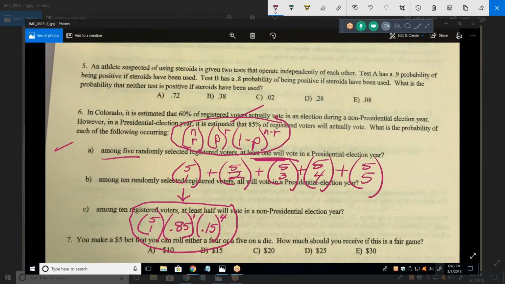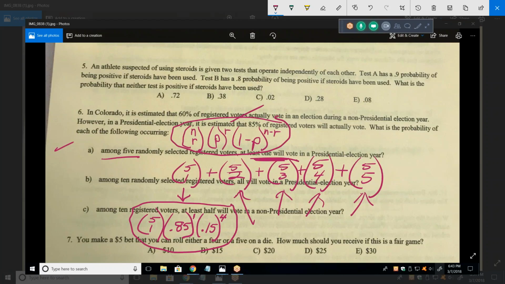Then we would have to do the same calculation for the other four, and we would add all of those together. But I think there's an easier way to do it.